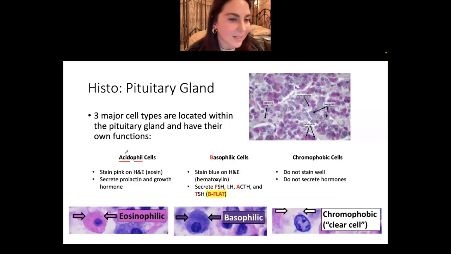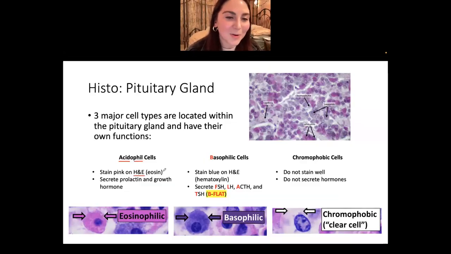So it likes acids, and the acid in the H&E stain, the pink and purple stain you see on a histo slide, is eosin, and it loves eosin. So it's going to stain bright pink. They literally name these cells because they stain pink. They're acidophils.